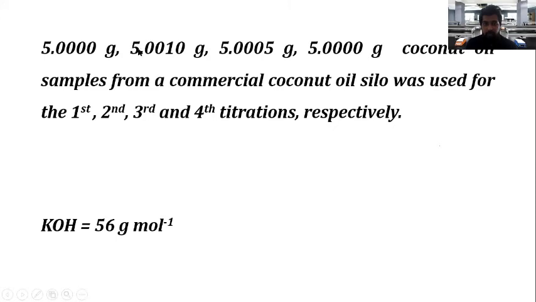Then for the second titration, 5.0010 gram. If you are asked to measure exactly 5 grams, sometimes you may not measure that accurately. It's okay to get 5.0010 or 5.0005, and you have to record that value and use it for the calculation.